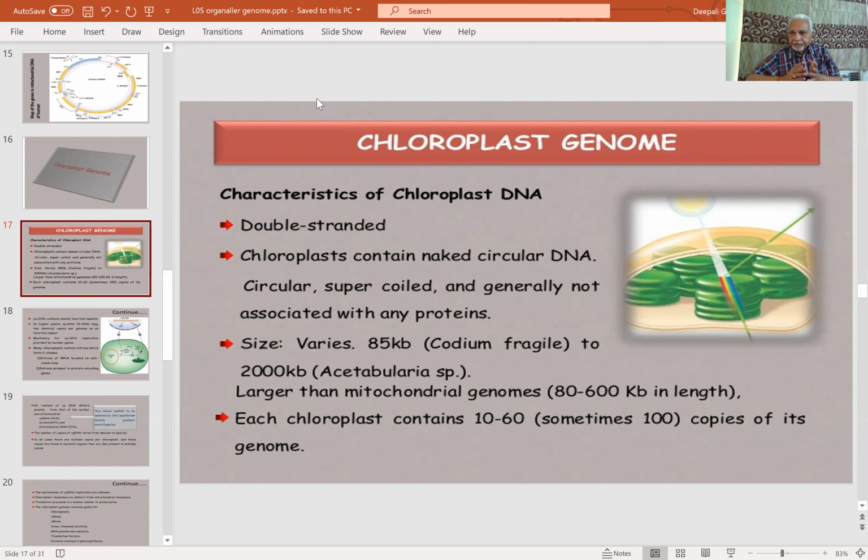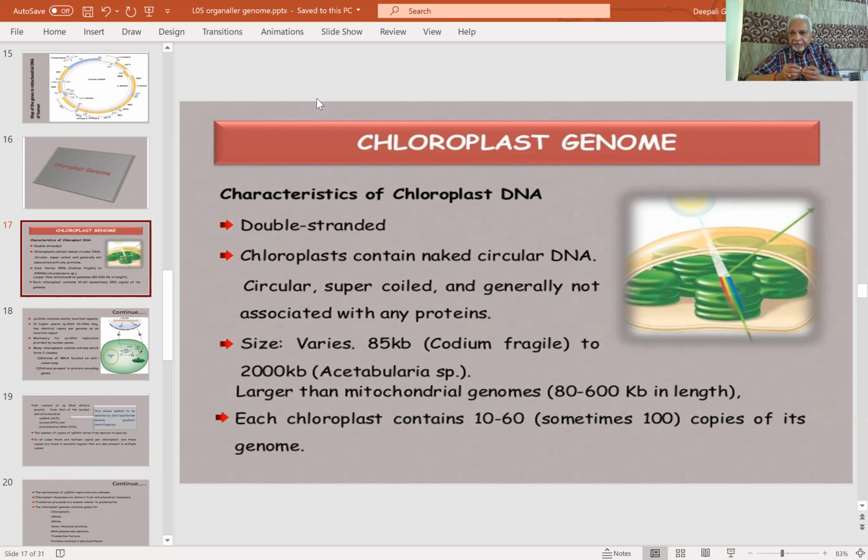DNA here. And as we discussed, the size of chloroplast DNA also varies from 85 kb to almost 2 kb, in different plant species, and it is larger than mitochondrial genome. The chloroplast genome is larger than the mitochondrial genome.